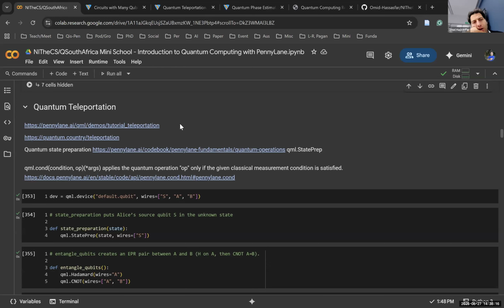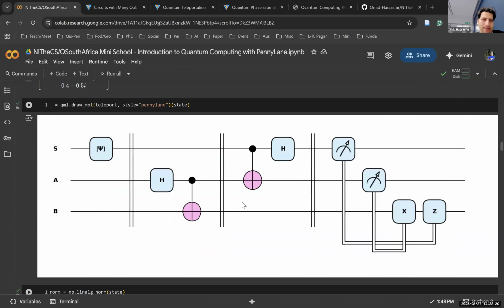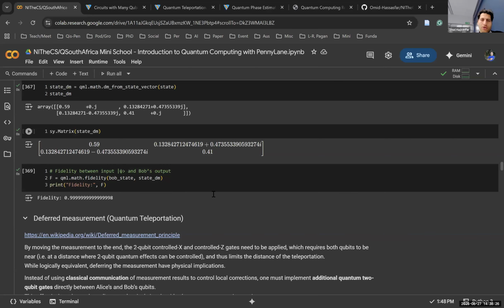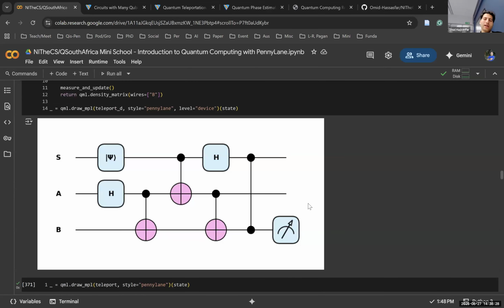Or we did the deferred measurement. Okay, here was the standard quantum teleportation, and here was the deferred measurement. So here we don't need classical communication.